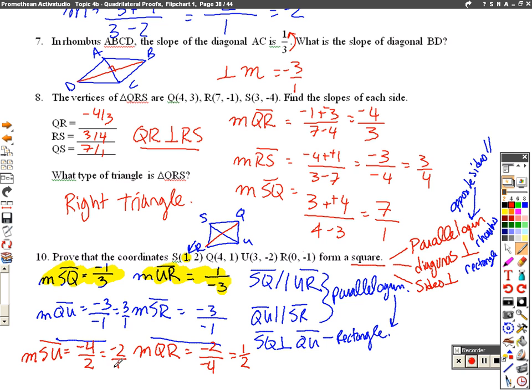So if you see, we can take negative 2 over 1 and flip it, and we get 1 over 2, and we make it negative. They are negative reciprocals. So therefore, SU is perpendicular to QR, and that makes it a rhombus. All of this together, parallelogram, rectangle, and rhombus, make up a square. All right, guys, good luck.